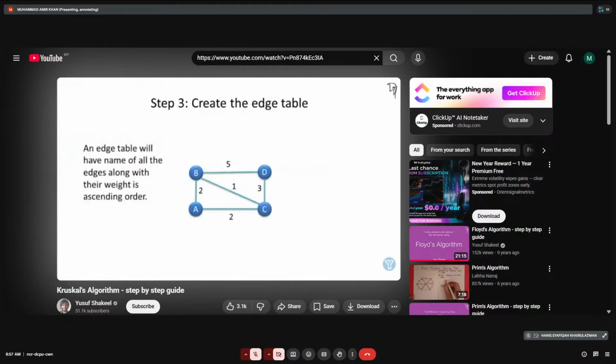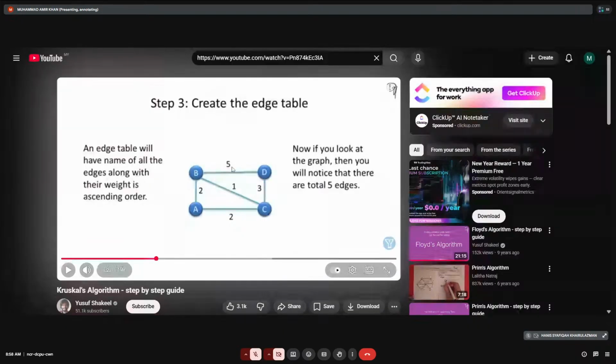How many weights do we have? If you look at the graph, you notice we have 5 edges: 1, 2, 3, 4, and 5.